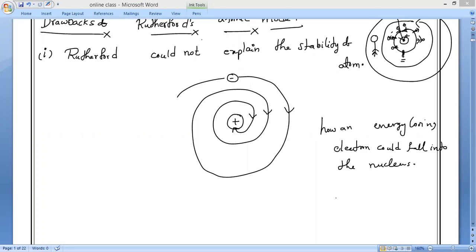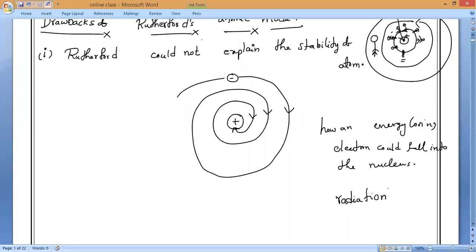What do you mean by radiation? You have all heard this word in our daily life. Radiation means in the form of what? Heat, sir. Heat.